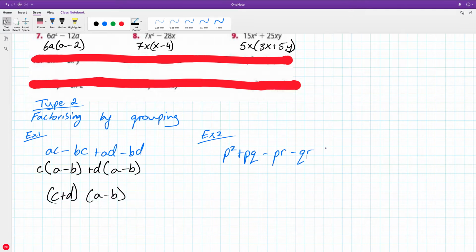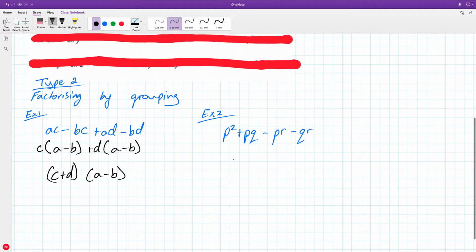P squared plus PQ minus PR minus QR. Right, great.